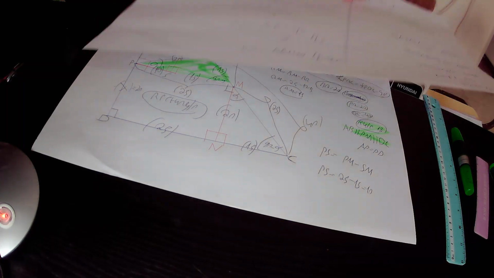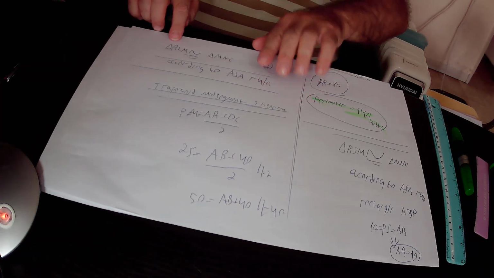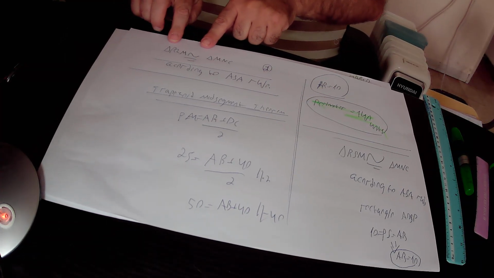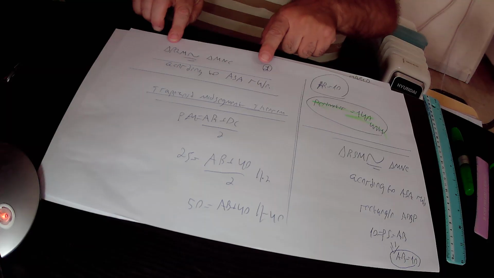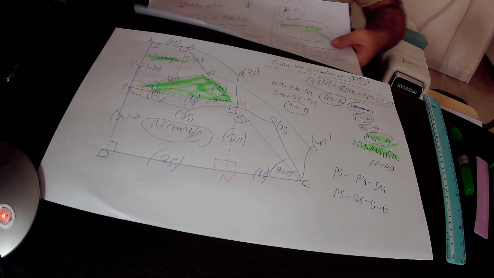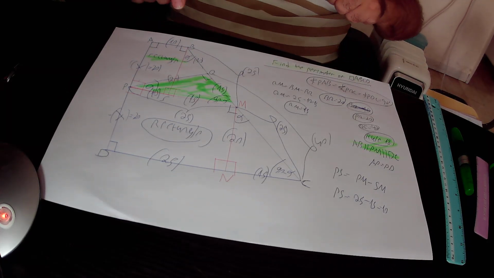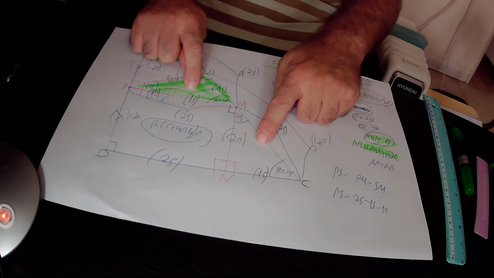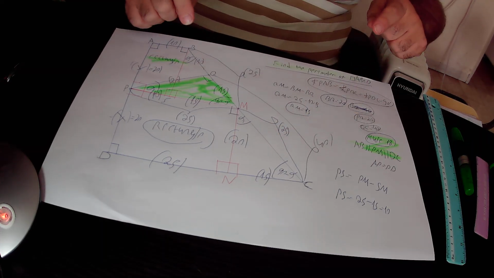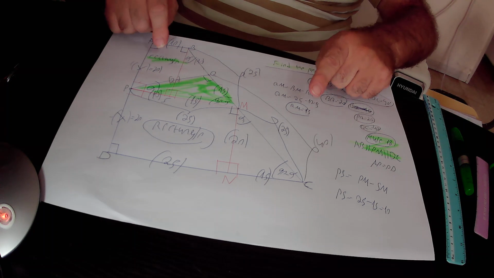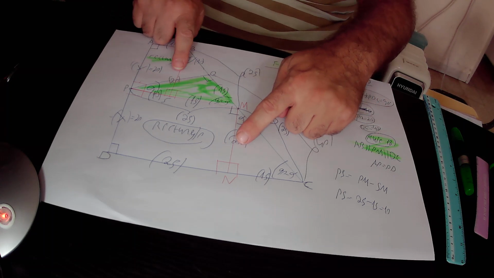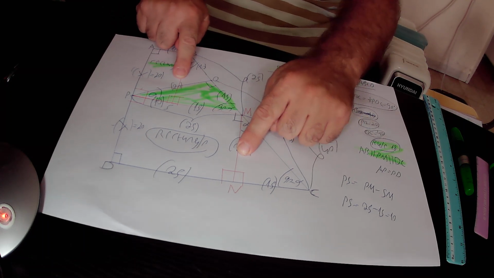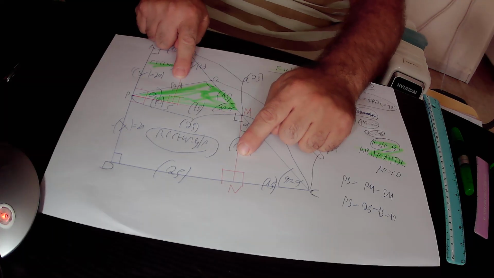So again, we found out that the right triangle PQM is congruent to the right triangle MNC according to the angle side angle rule. And from the fact that those two right triangles are congruent to each other, we derive that those two sides are also equal to each other, according to the rule that corresponding sides in congruent triangles are equal to each other.